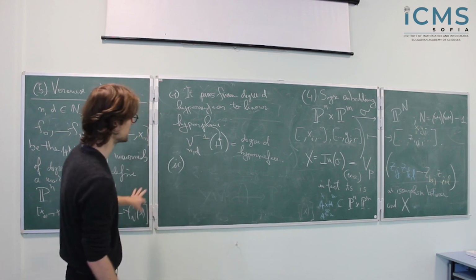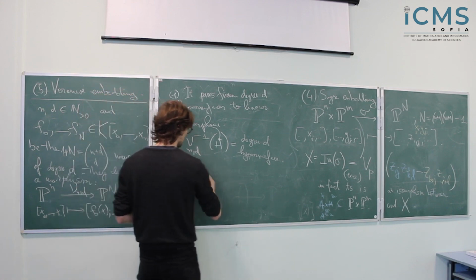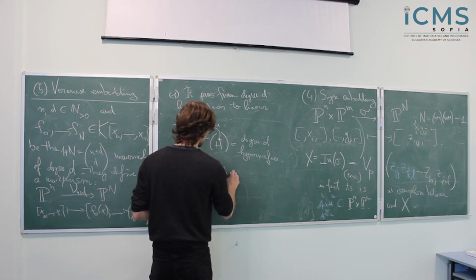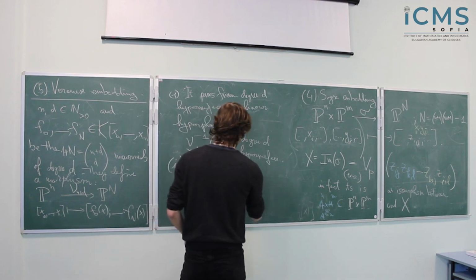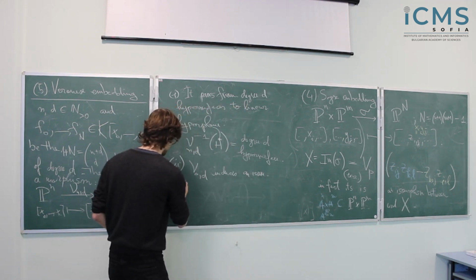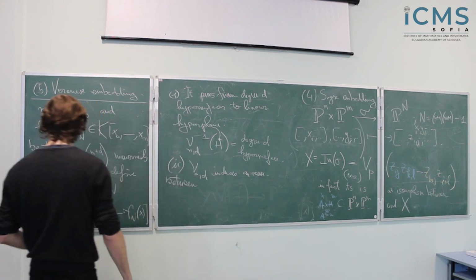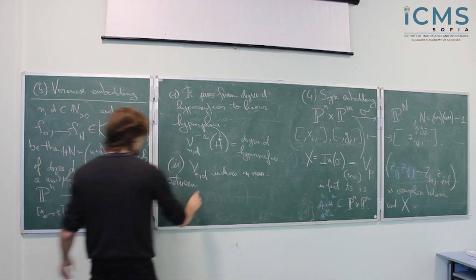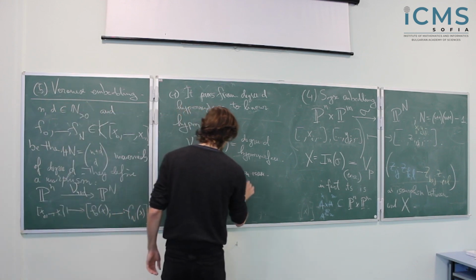Maybe I should have put this before, but it should be noted that the Veronese embedding induces an isomorphism between P of n and its image.